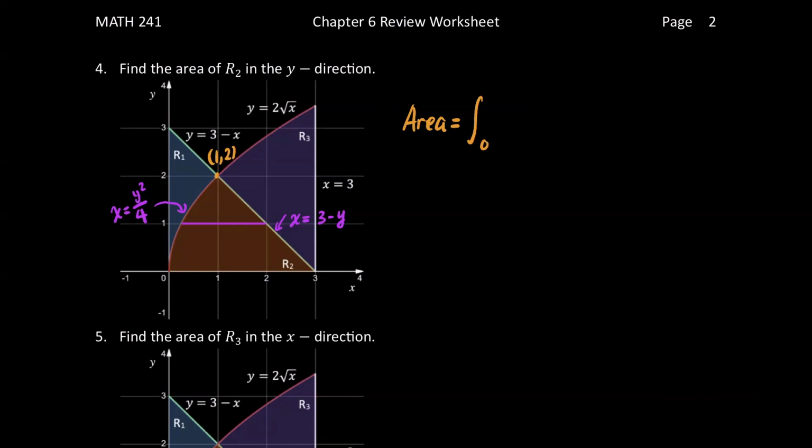Bottom up, so from 0 to 2, function to the right minus function to the left.